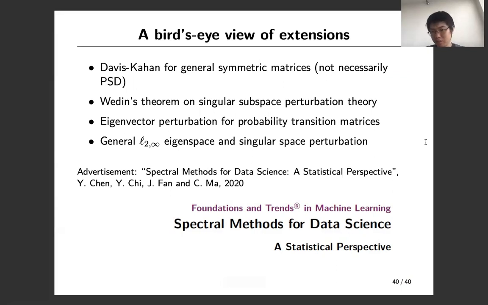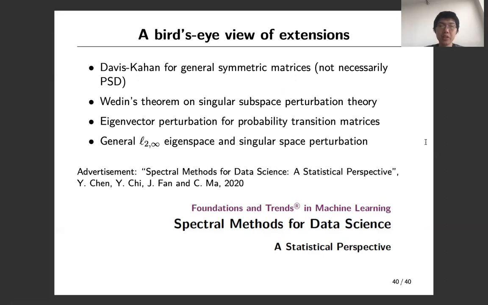However, that's not a restriction of Davis-Kahan. In the prior literature, there actually exists a general version of Davis-Kahan that works for general symmetric matrices, not necessarily PSD, and that works for any group of eigenvectors, not just the leading eigenvectors.